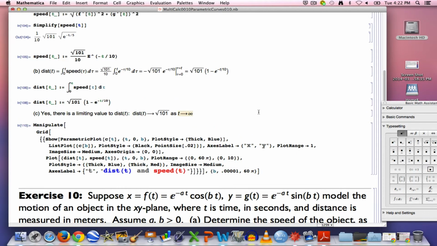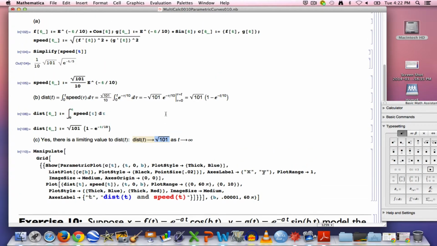Alright? So even though the spiral goes around the origin infinitely many times as t grows without bound, the distance traveled approaches square root of 101, just a little bit bigger than 10. It never gets past that, and it does approach that number in the limit. Alright, kind of interesting. Infinite number of spirals, but a finite length.